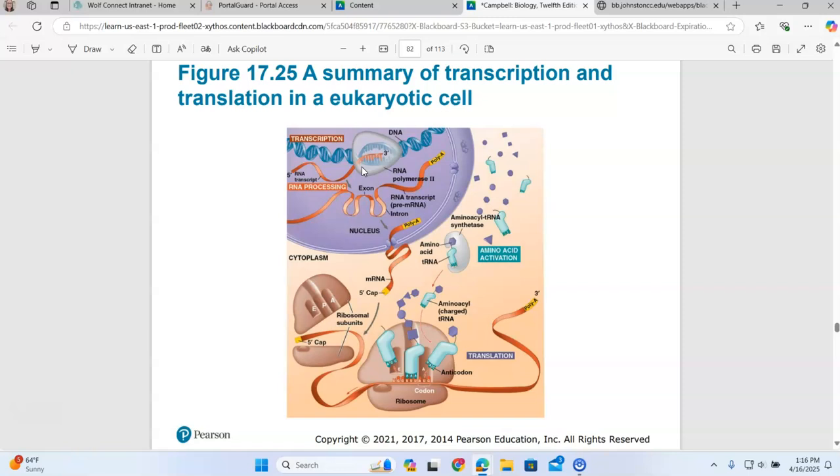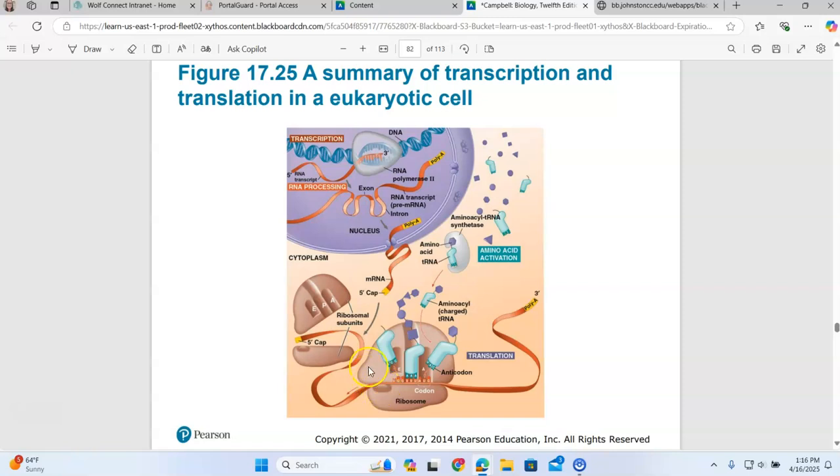The template is used to make a messenger RNA molecule, which is then processed and modified. The introns are removed and the exons are spliced together. A poly A tail is added and then a guanine cap added. And the final messenger RNA molecule leaves the nucleus, and now the next process is called translation.